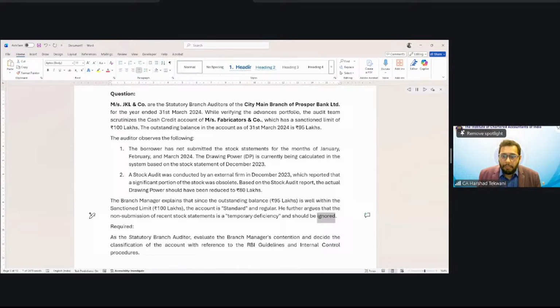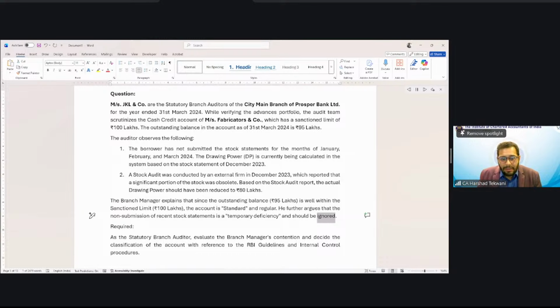But in that case also, there is a limit given. The limit is that the statements relied upon should not be older than 3 months.